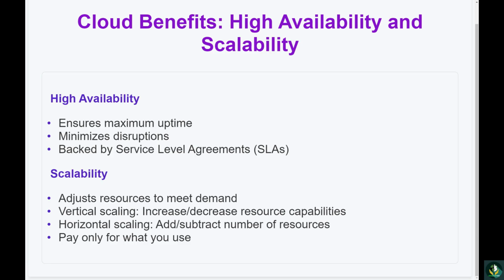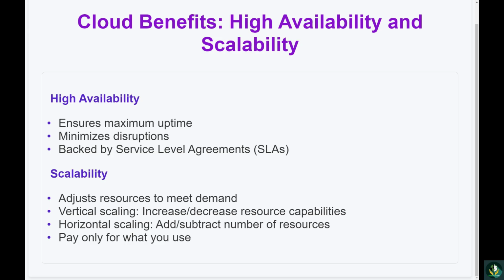Cloud providers often offer service-level agreements, SLAs, that guarantee a certain level of uptime, typically 99.9% or higher. This level of availability is difficult and expensive to achieve with on-premises infrastructure, especially for small to medium-sized businesses.